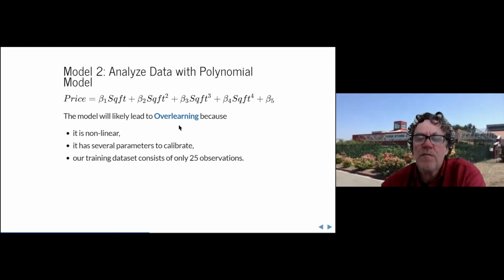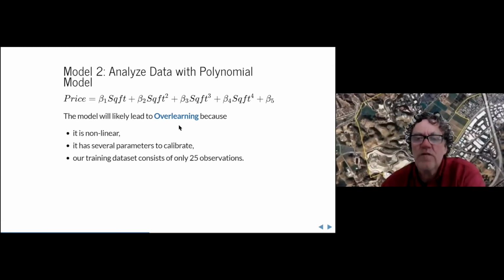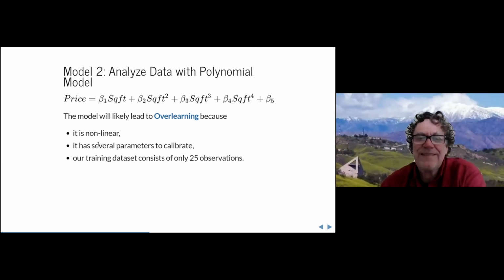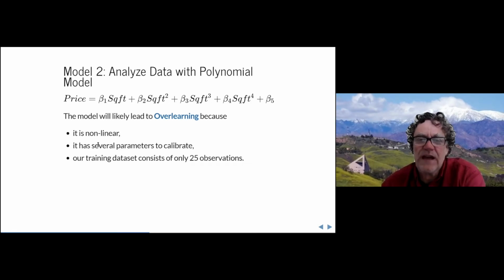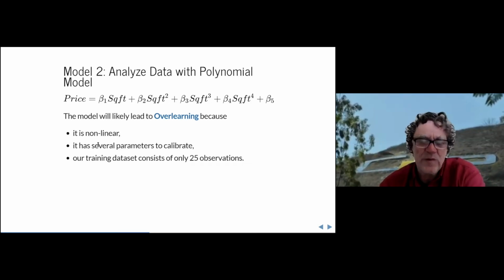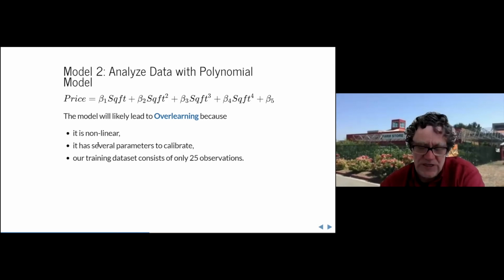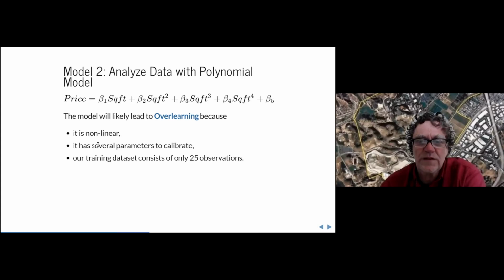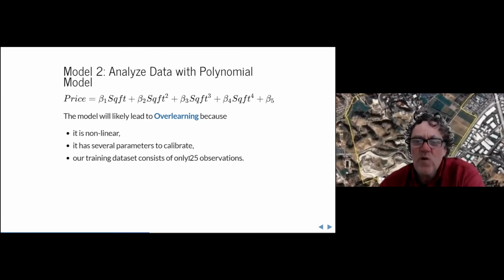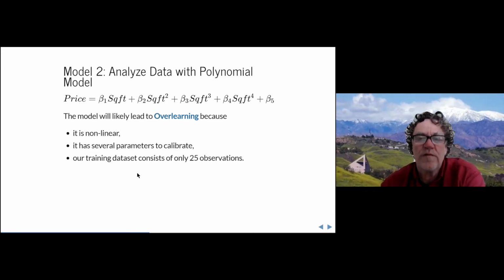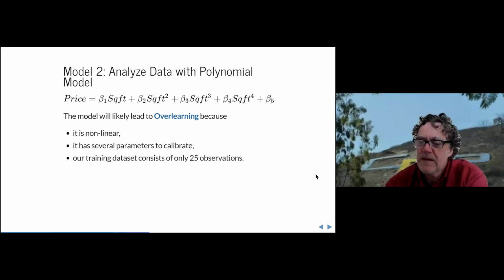This model might lead to overlearning because it's nonlinear. It has several parameters to calibrate, beta 1 to beta 5. I have to admit, 5 parameters in machine learning is really not what we would call a lot. But because we have only 25 records, this will already lead to overlearning. Let's look at it.